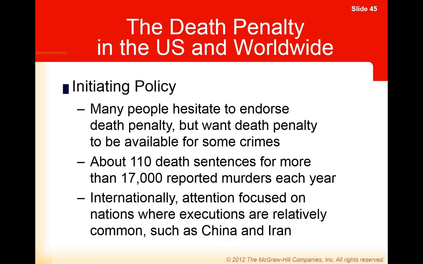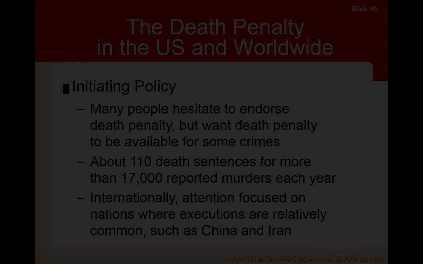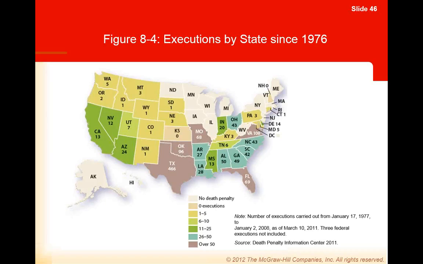They have done 3 times more than any other state as far as executions. As you can see, Texas, 466. So 4 times more, because the next closest, really, is Virginia at 108. So, yeah, Texas is really a lot of executions.